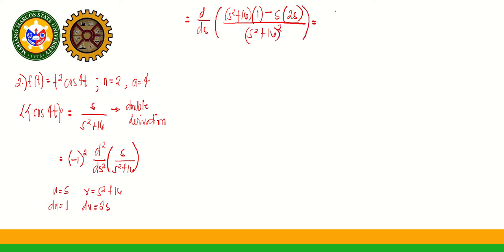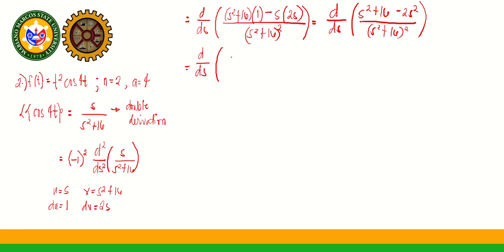Then simplifying, we have d over ds times s squared plus 16 minus 2s squared over s squared plus 16 quantity squared. So simplifying further, we have d over ds times 16 minus s squared over s squared plus 16 quantity squared.